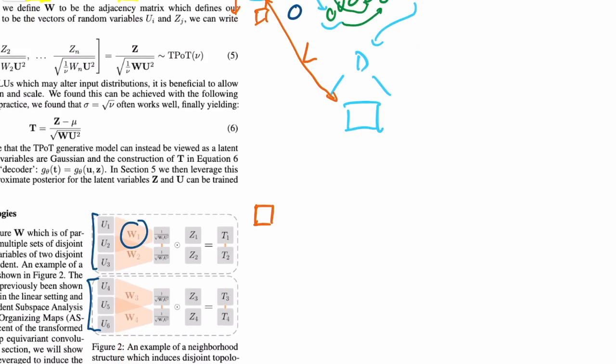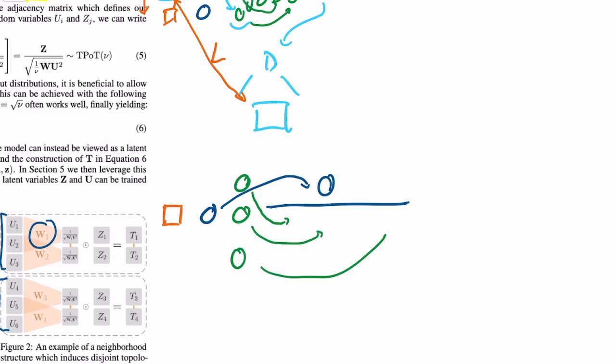So here we have a Z variable. We have U variables from the neighborhood, okay? And we're going to take the Z variable on top of the fraction, and we're going to take the U variables below the fraction, like so.